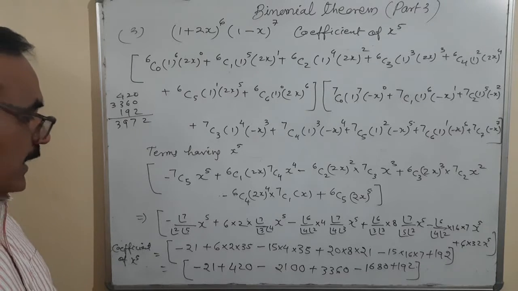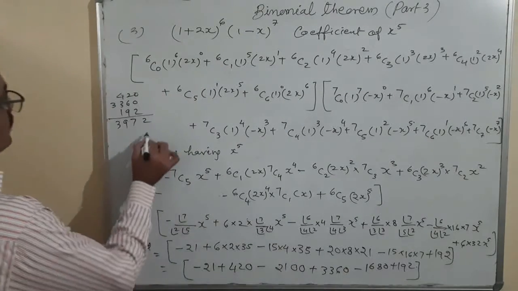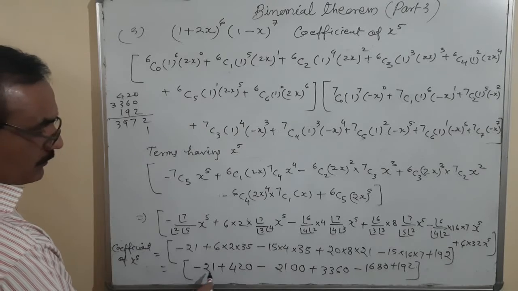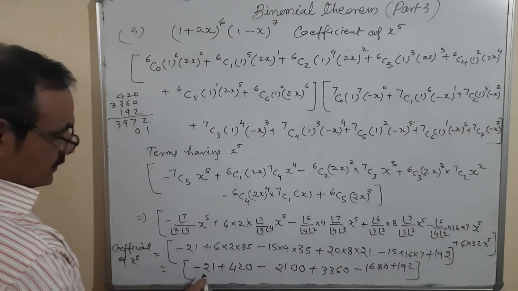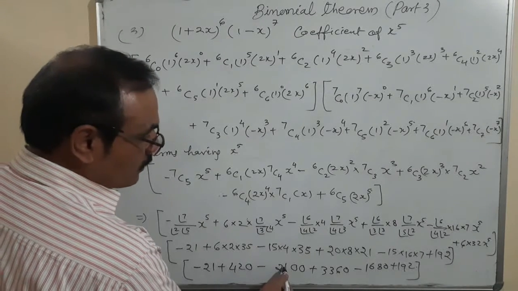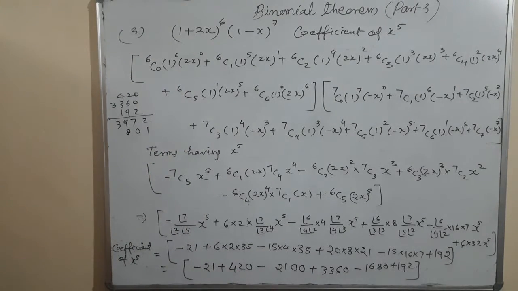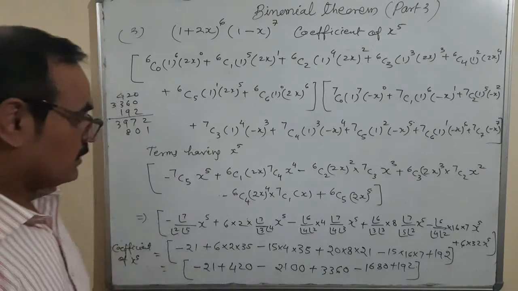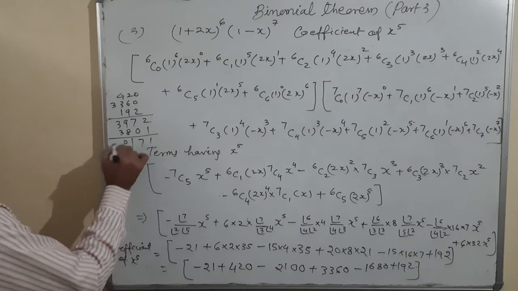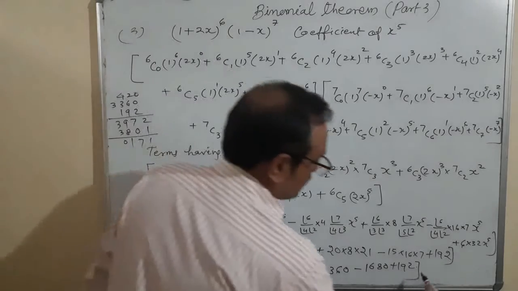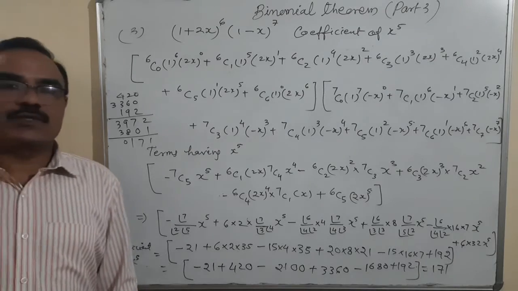Minus, when we are going to add all the negative terms, we get 1710 in total. So the result is 171 with positive. What is it? It is the coefficient of x to the power 5.